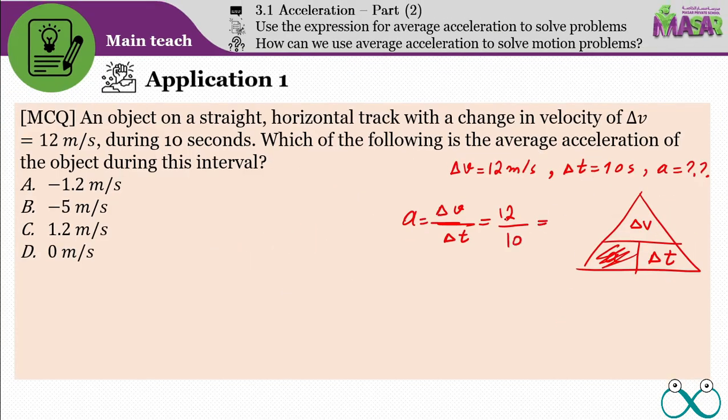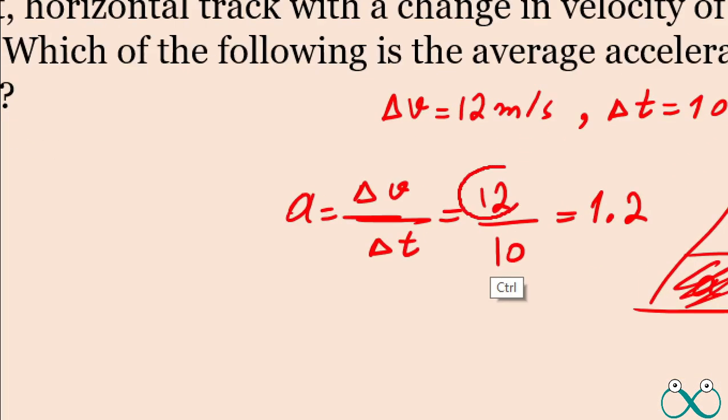If we divide 12 over 10, we will obtain the value of the acceleration, which is 1.2. Now regarding the unit, since the numerator is expressed in meter per second, this is the SI unit for the velocity or the change in velocity.